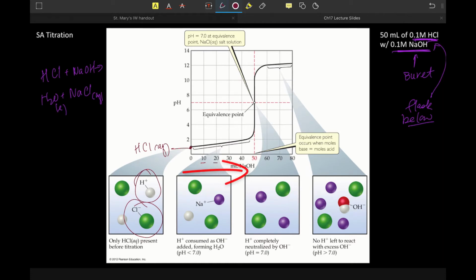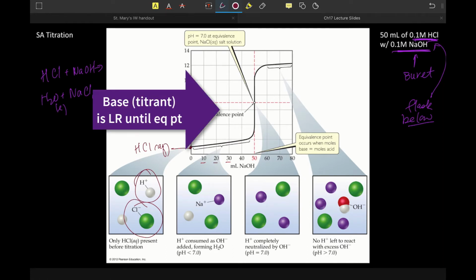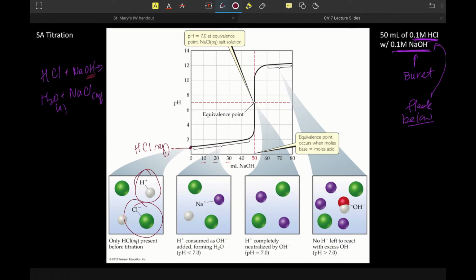Now, the whole time we are adding base, the base is limiting, yes? Meaning that at no point thus far is there any buildup of sodium hydroxide in the solution, because all of the hydroxide is going towards this neutralization reaction.